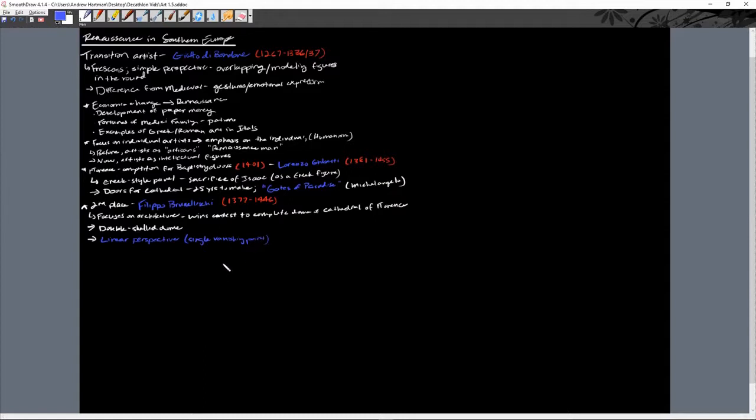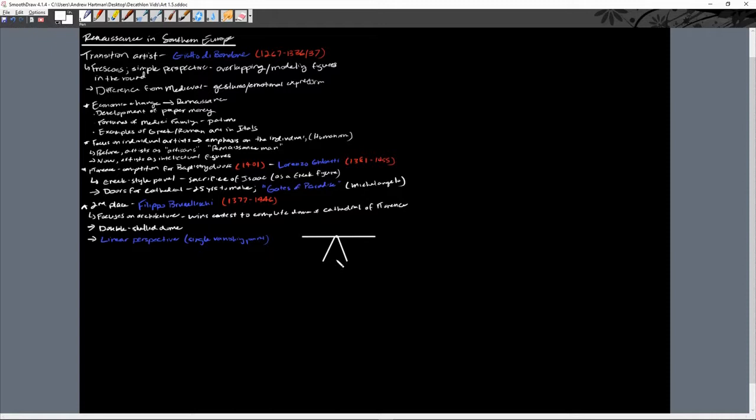So very briefly, what linear perspective is, in a painting, if you create a horizon line, basically where the horizon is in the painting, what you should see then is that the objects in the back should disappear into that horizon line, and in particular creating one vanishing point along that horizon line, right?